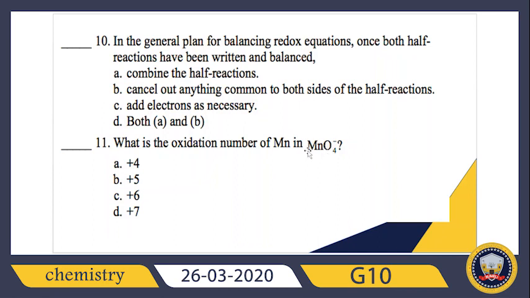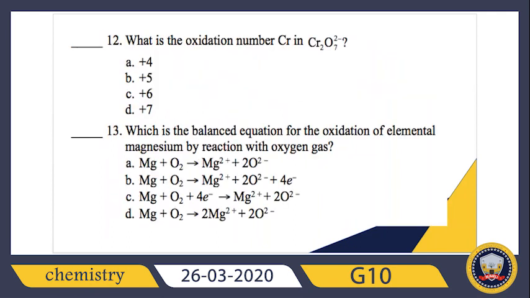Now the sum of the charge is -1, so the answer must be -1. You have here -8, so the oxidation number for Mn is what? It is obvious. The oxidation number is +7, so +7 -8 equals -1 here. So the answer is D. Okay, +7. Let's continue.